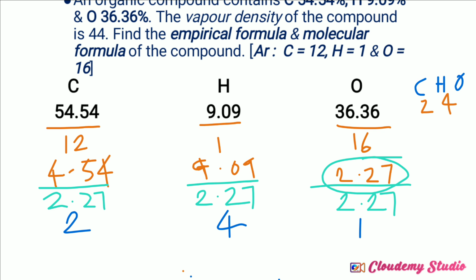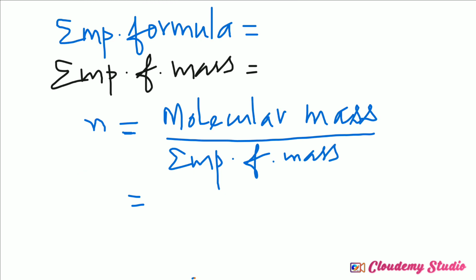Empirical formula is nothing but the ratio of atoms present in the compound. So C2H4O is the empirical formula. From the empirical formula, now we need to derive the molecular formula. That we can do at the next page.